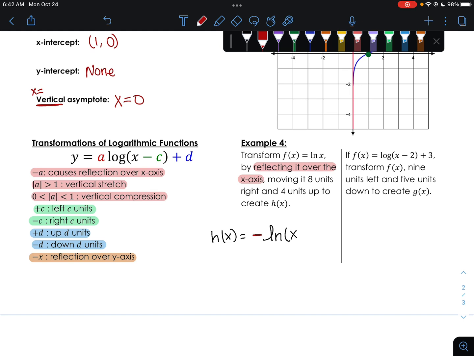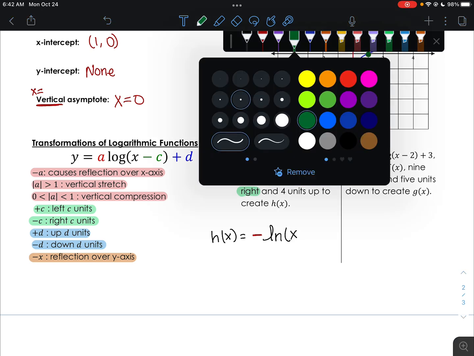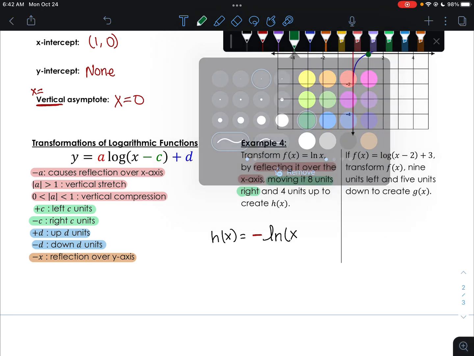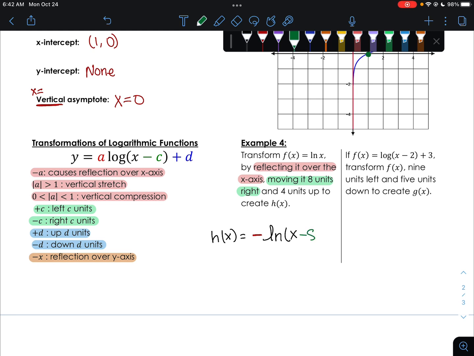Moving it 8 units to the right means that we're going to have a minus c, so it's going to be a minus 8. And then we are shifting it 4 units up, so that is going to be a plus 4 on the outside. And that would give us our new function h of x.